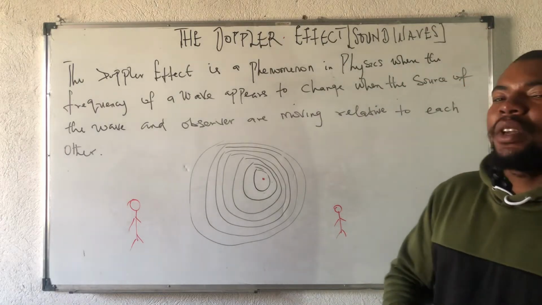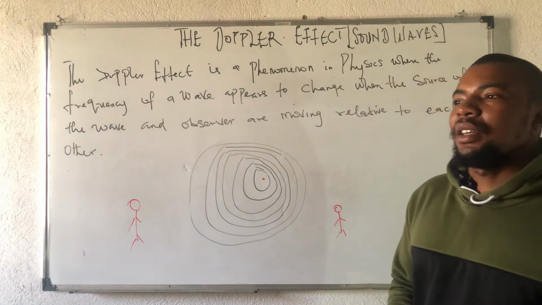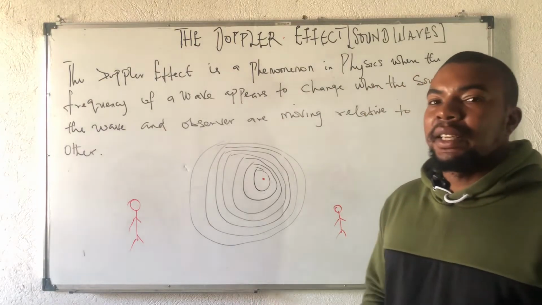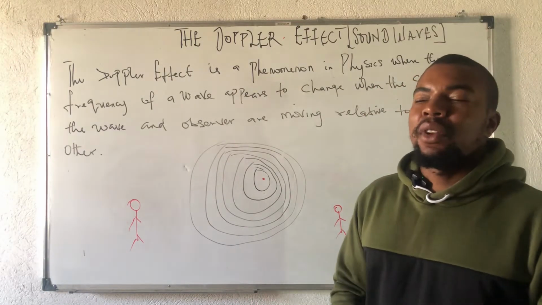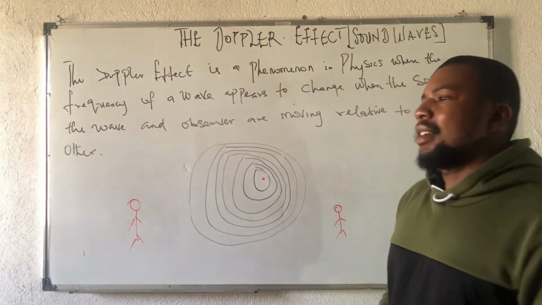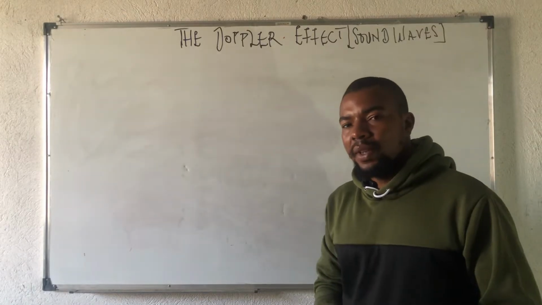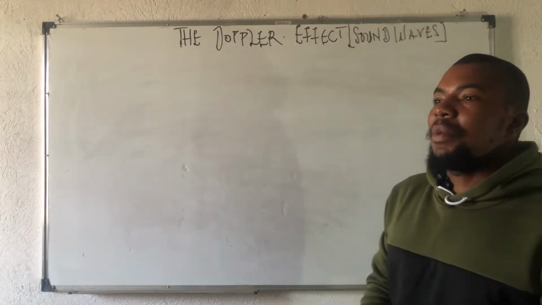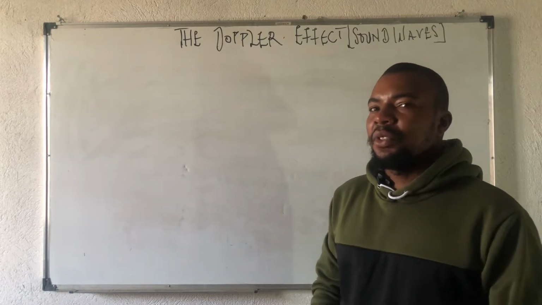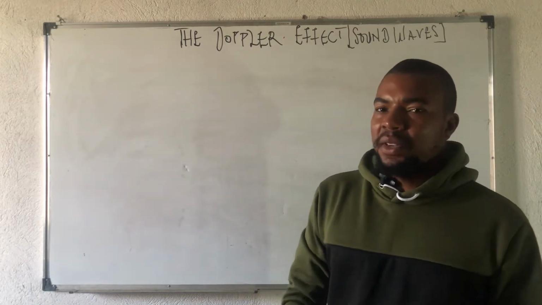So how do we calculate apparent frequency? It's a very interesting topic in physics that often comes up in exams, so you should know how to calculate apparent frequency in order to do well in your physics exams. Remember I told you that apparent frequency is not the true frequency emitted by the source, but the frequency as observed by the observer.